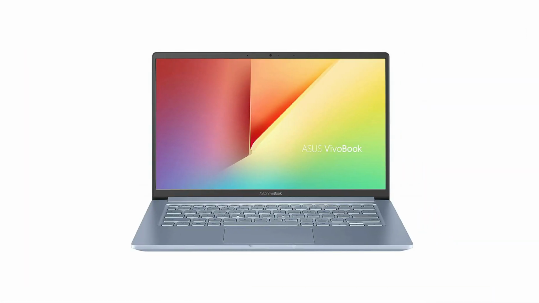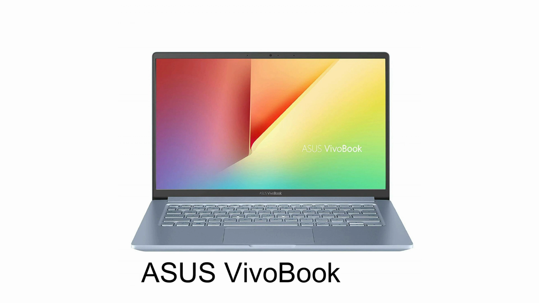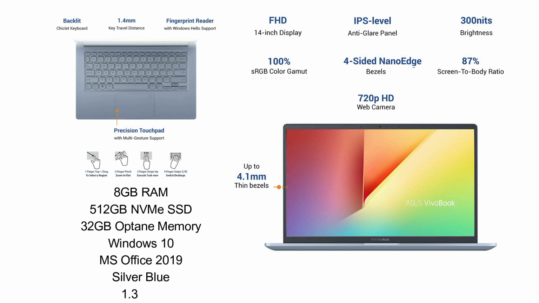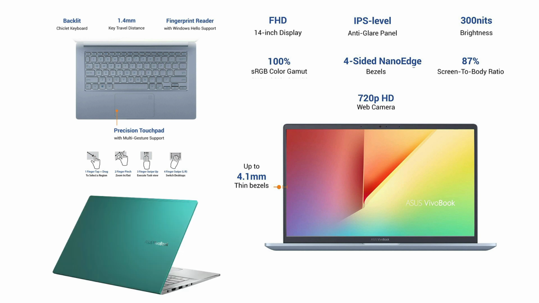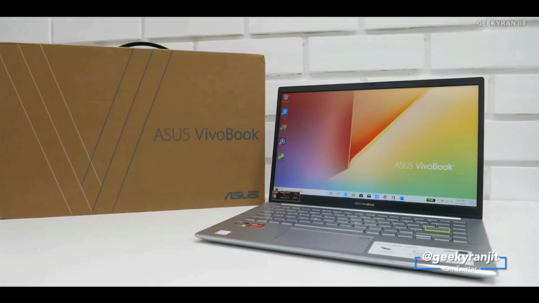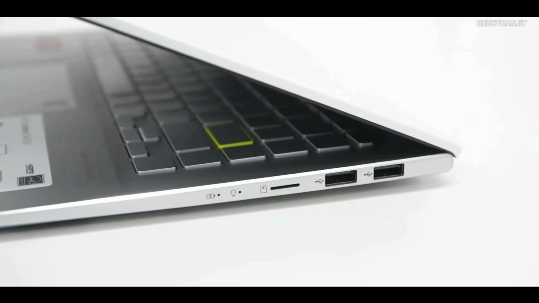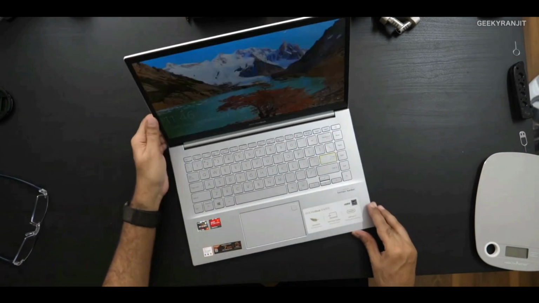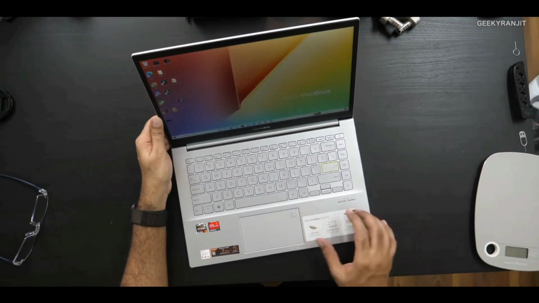We have the Asus VivoBook, which comes at the price of 59,490 rupees, having 8GB RAM, 512GB NVMe SSD, 32GB Optane memory, Windows 10, MS Office 2019 with silver blue color, and 1.35 kg in weight available.